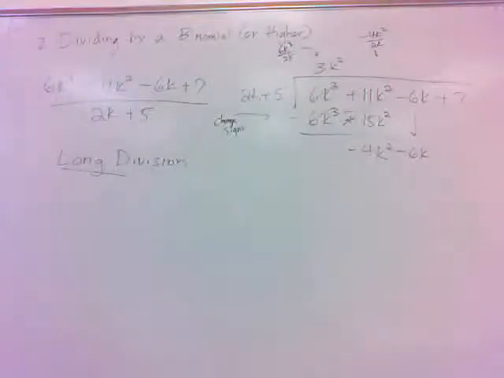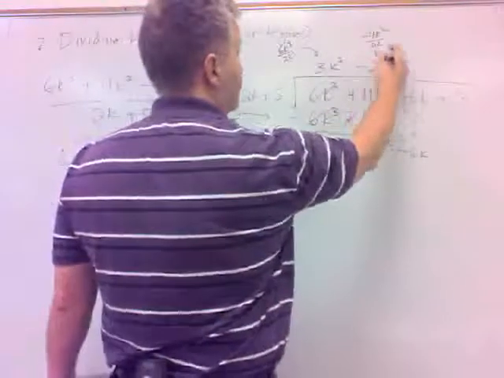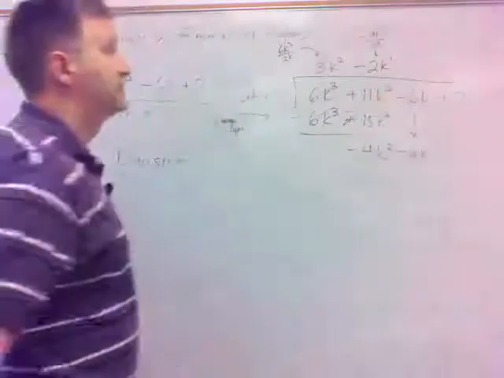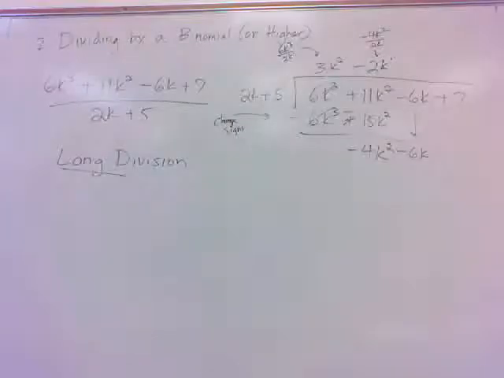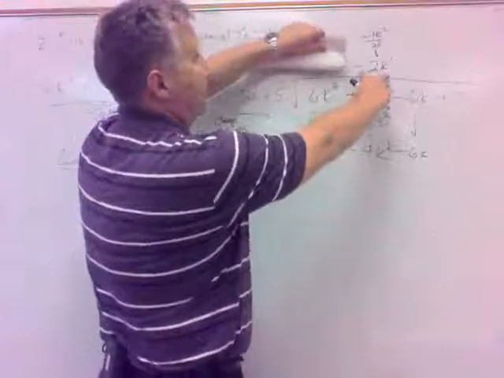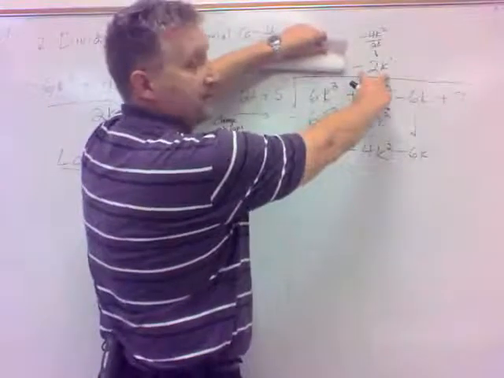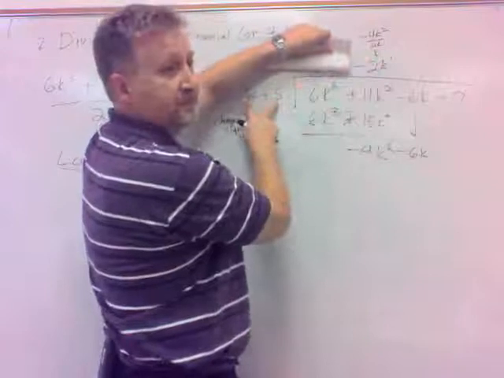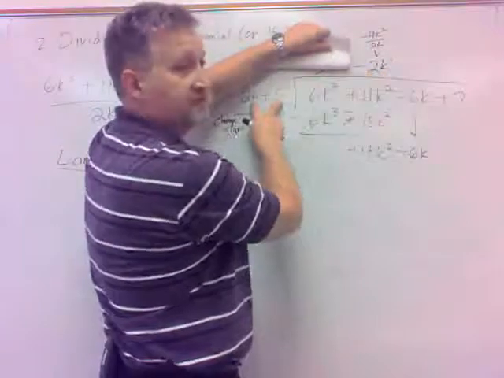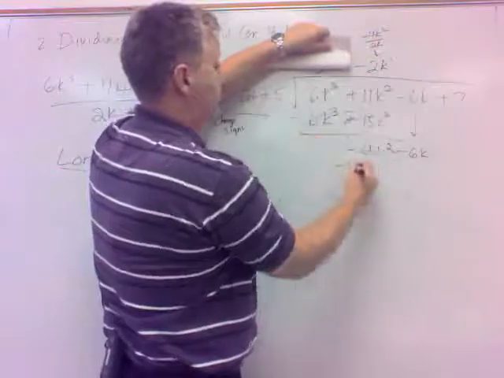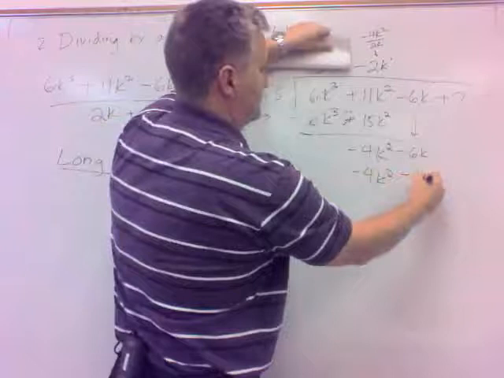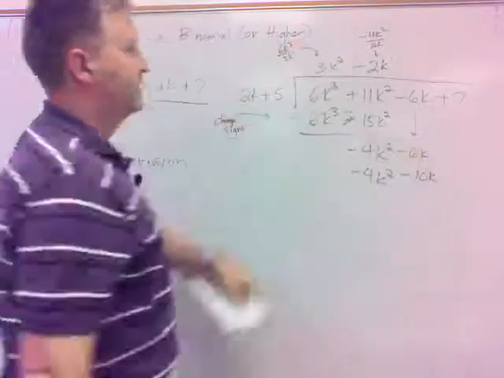Negative 4 divided by 2 is negative 2, and k squared divided by k to the first is k. We've already done 3k squared, so we're ignoring it right now. We just go with the minus 2k and multiply it times the divisor. Minus 2k times 2k is minus 4k squared, and minus 2 times 5 is minus 10k, and that lines up very nicely.